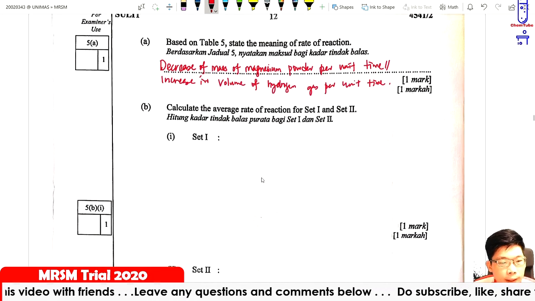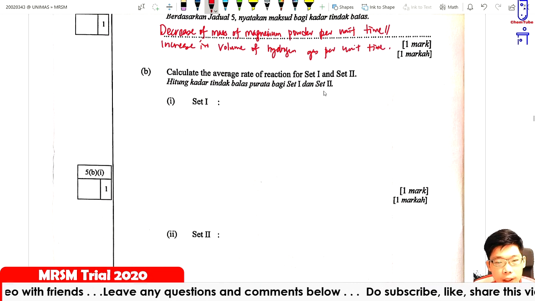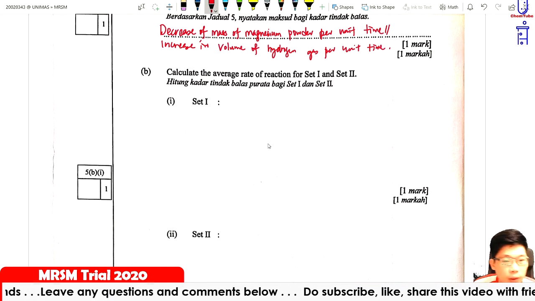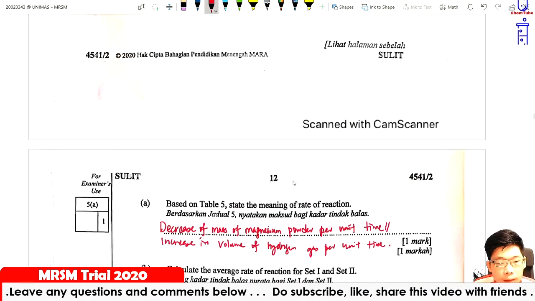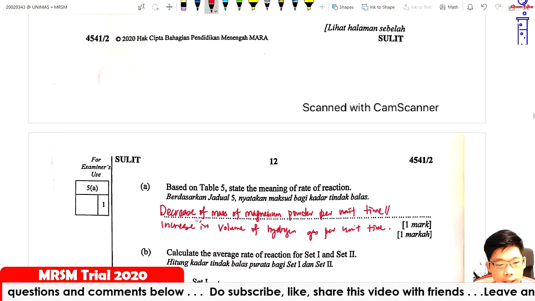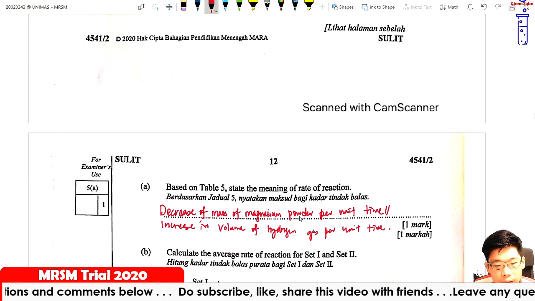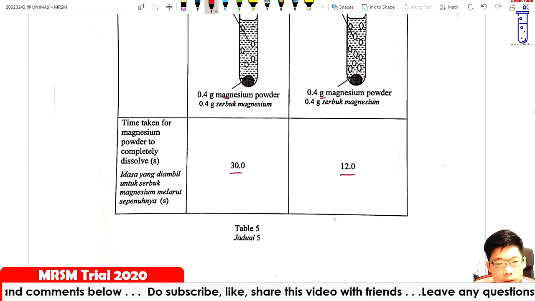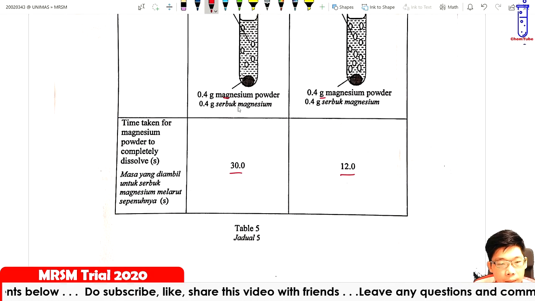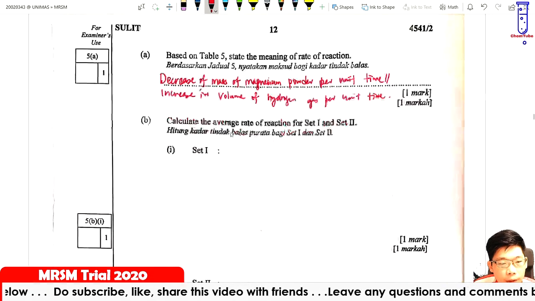Next, calculate the average rate of reaction in set 2. Just now we know that for average rate of reaction, we can use the decrease in the mass of the magnesium powder per unit time. The mass of the magnesium powder used is 0.4 gram.